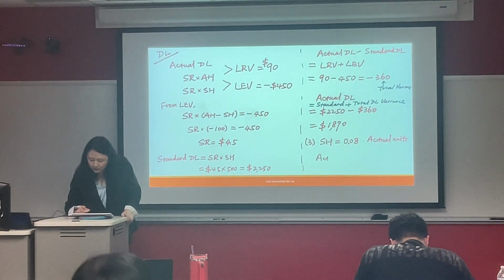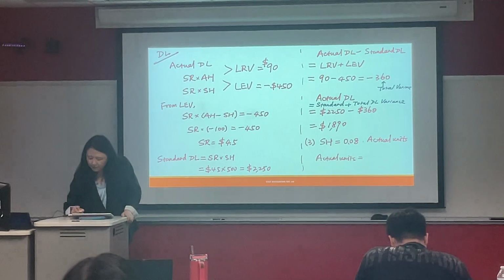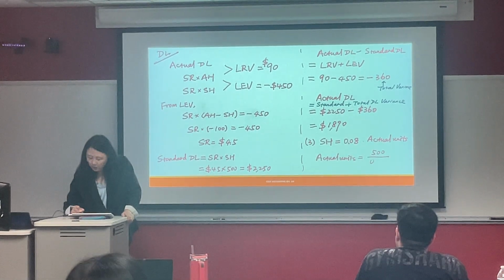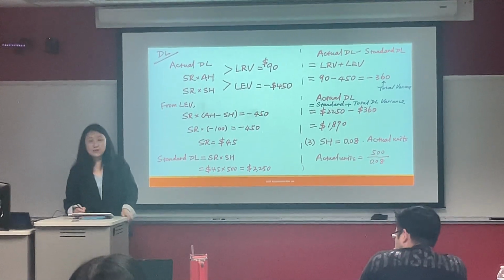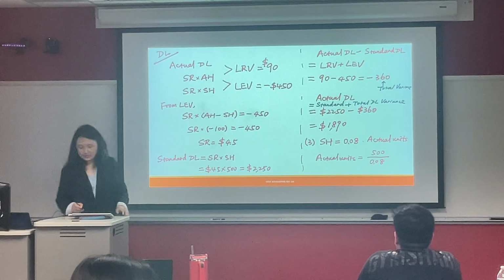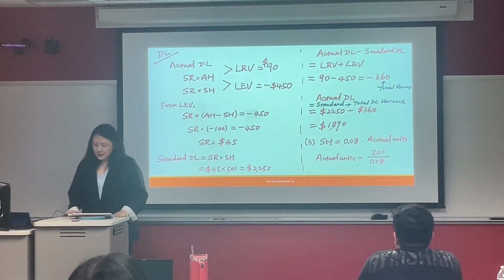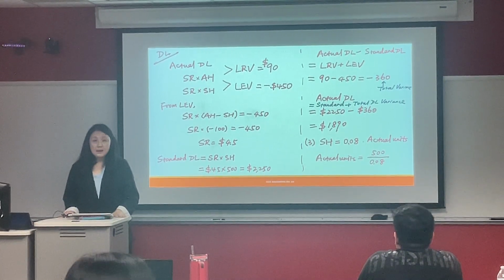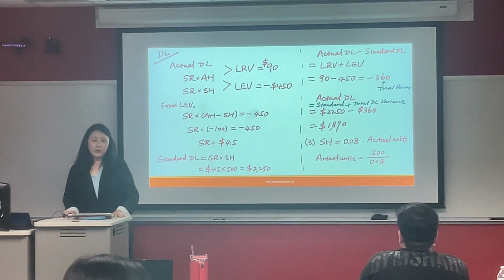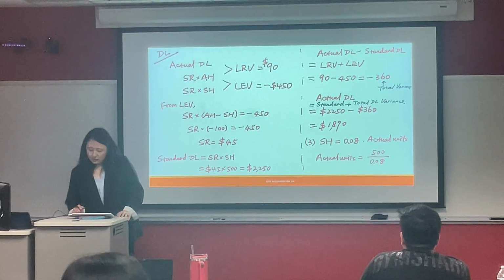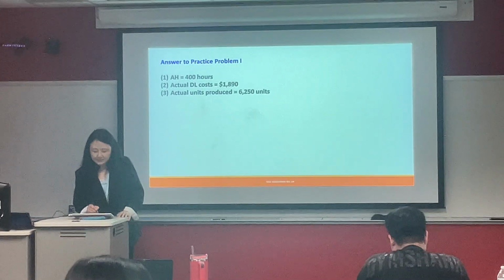So your actual unit will just be 500 over 0.08, all right? So that's the answer. I don't remember, I have to calculate, 600, 250 or something, looks like, all right, yeah, 600, 250.